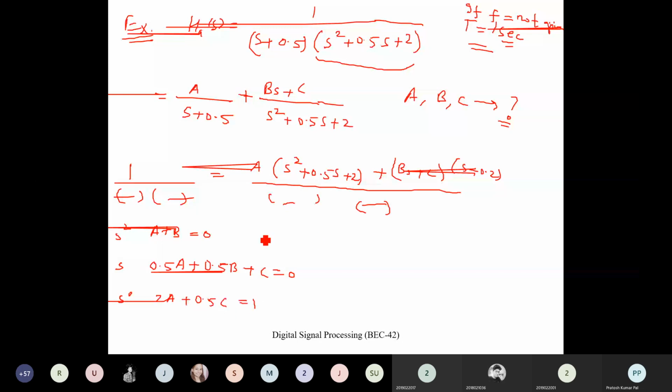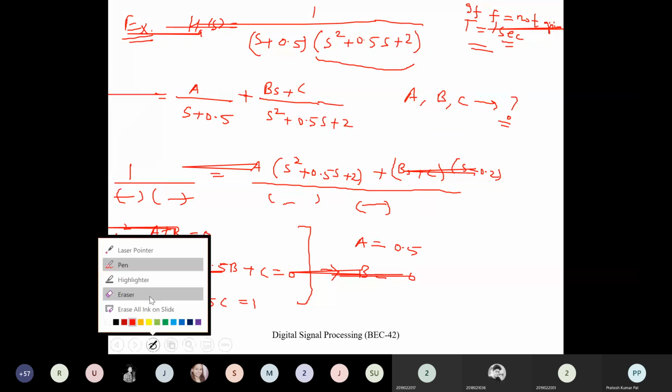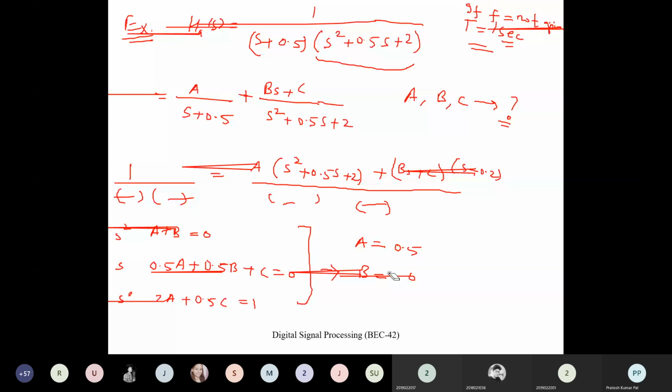Okay, so from these three equations, we can solve and get the value of a as 0.5, b will be equal to minus 0.5, and similarly c will be equal to 0.